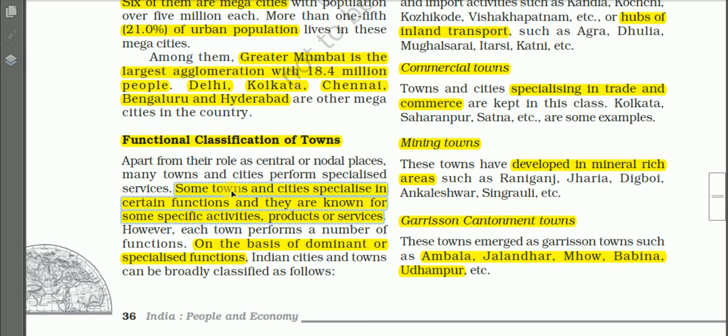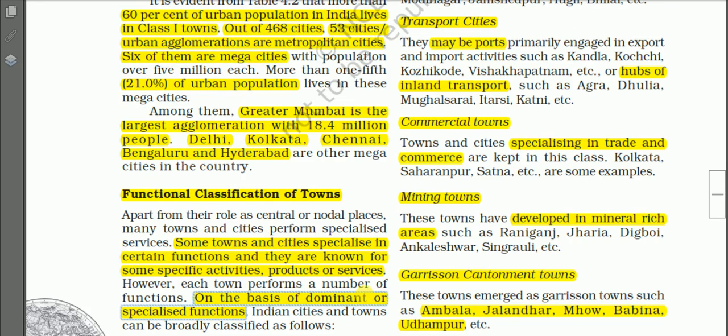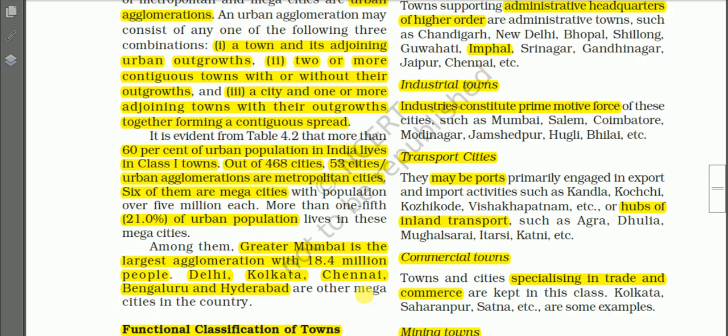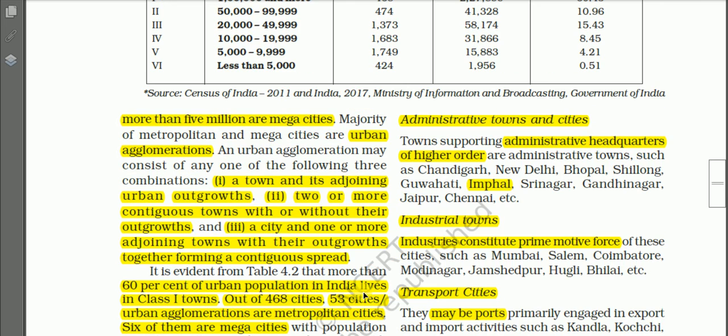So some towns and cities specialize in certain functions, and they are known for some specific activities, products or services. On the basis of dominant or specialized functions, Indian cities and towns can be broadly classified as follows. This is what we call functional classification of towns. This section is very easy but important for the exams also.